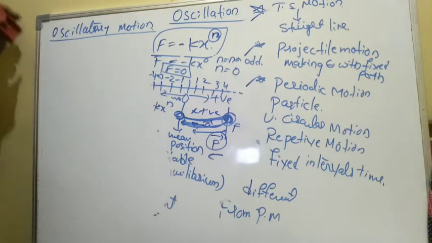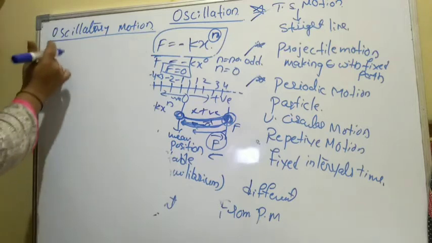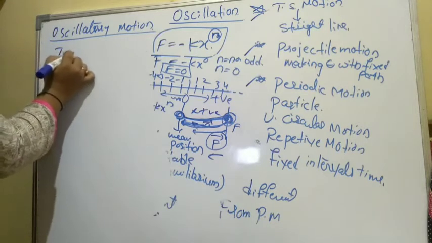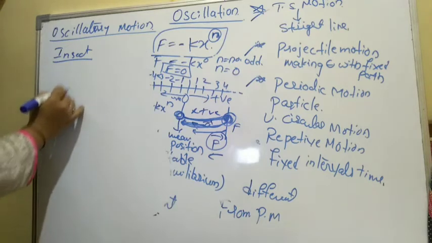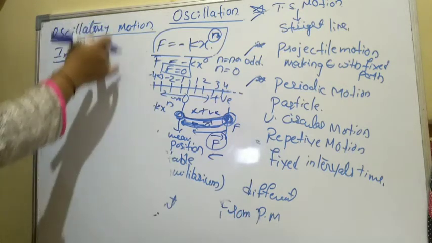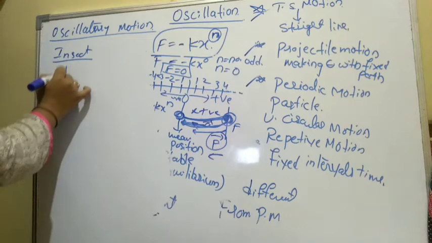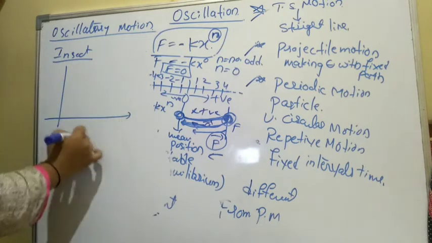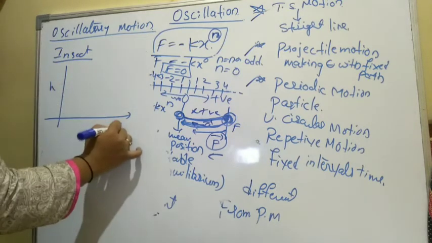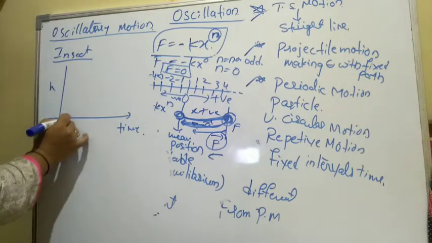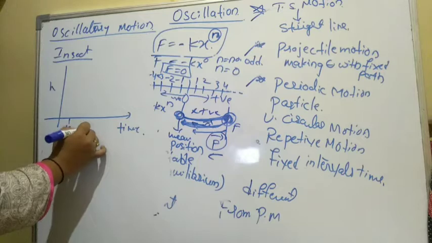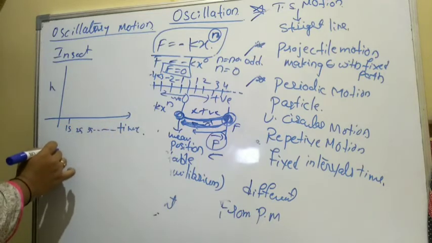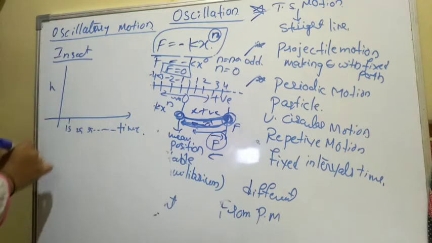So let us concentrate on an example here, an insect. Once the insect is there, it's going to be climbing up and falling down. So let us make a graph here, height versus time. I can take 1 second, 2 seconds, 3 seconds, and so on, right?